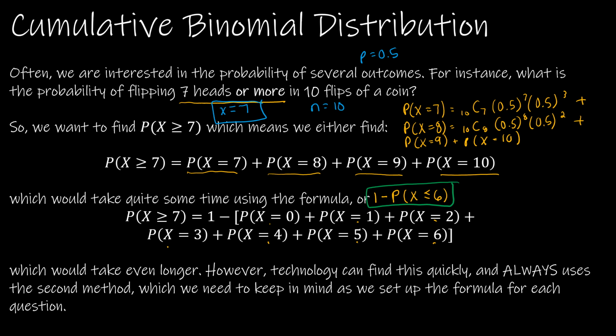When Excel calculates a cumulative probability, it's calculating from the number that you give to the left. So if I use x is 7, it's going to say 7, 6, 5, 4, 3, 2, 1, 0. And I need it to just say 6, 5, 4, 3, 2, 1, 0. So I have to change that value to 6.